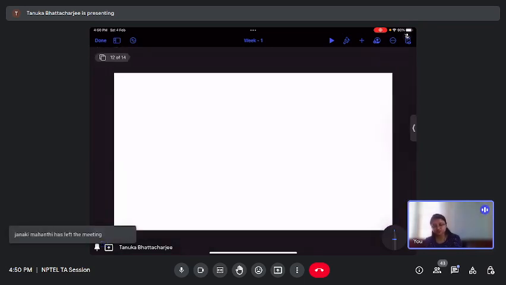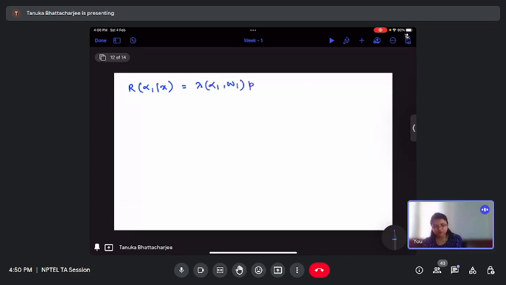Let us say first we compute the risk of action alpha 1 given x. That will be lambda alpha 1 omega 1 into probability of omega 1 given x plus lambda of alpha 1 omega 2 into probability of omega 2 given x.